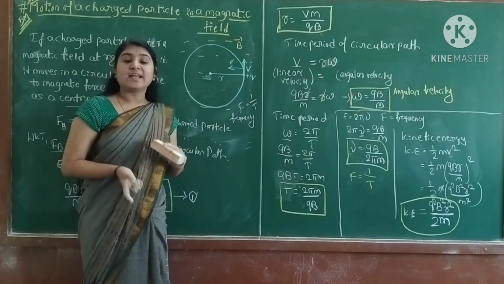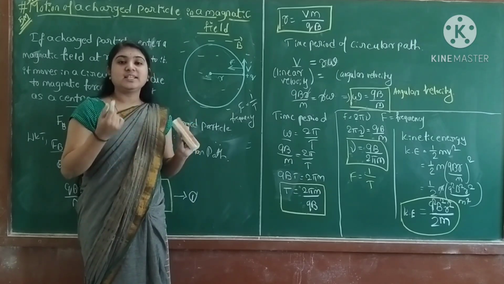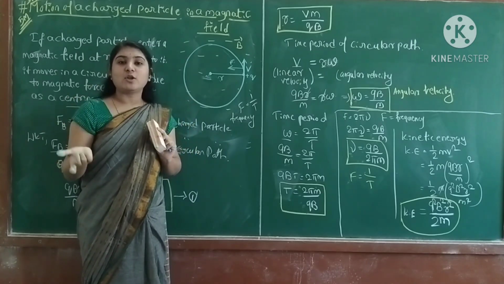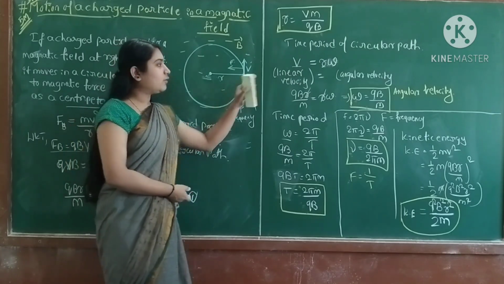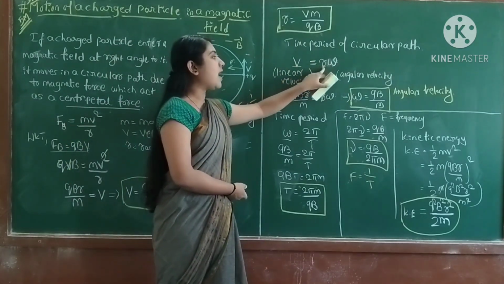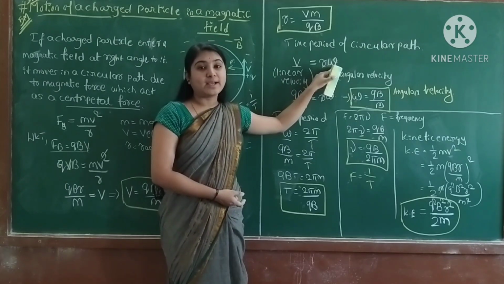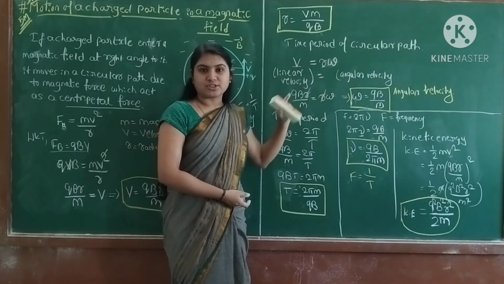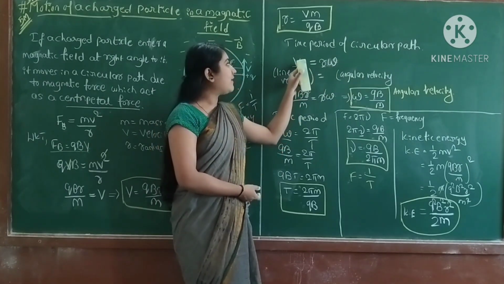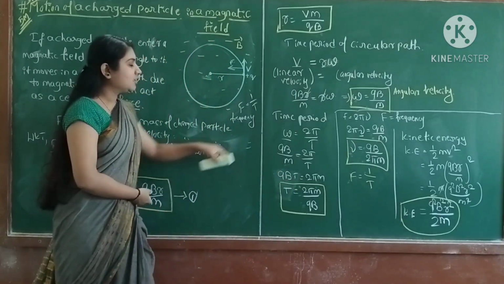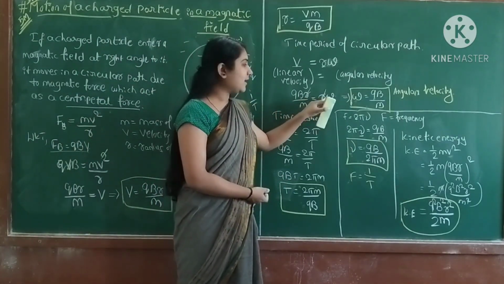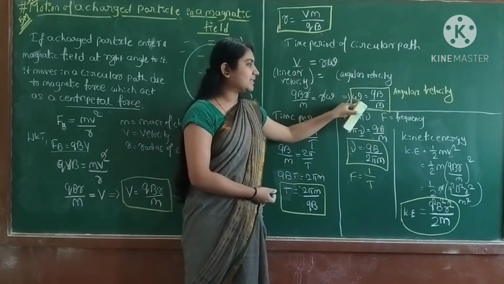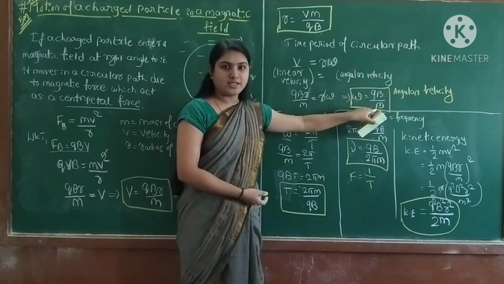Linear velocity is equal to r into omega, where omega is the angular velocity. Put v here as r omega, r will get cancelled, and you will get the angular velocity as qb by m.